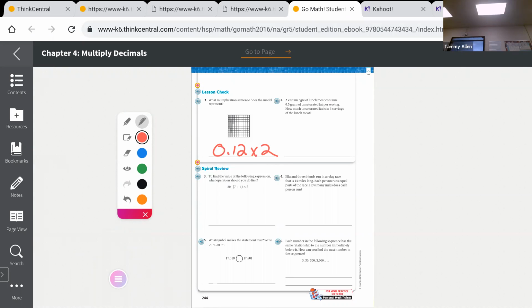Anybody have anything else for that? 4 times 6 tenths or 600? Anybody have anything else? I did 1, 0, and 2400. You did 1 times 2400. Anybody have anything else?